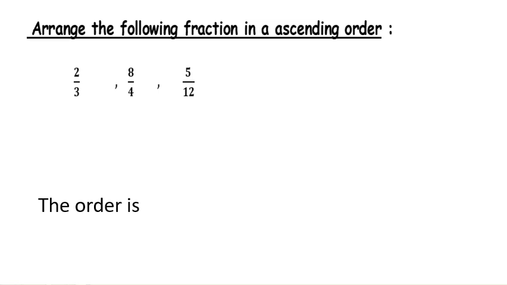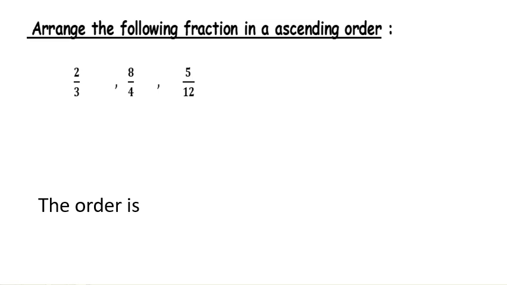I have in the denominator 3, 4, 12. I will look at the greatest number, which is 12. Can 3 be 12? Yes, if I multiply 3 by 4. Can 4 be 12? Yes, by multiplying 4 by 3. That means I will choose 12 as the same denominator.